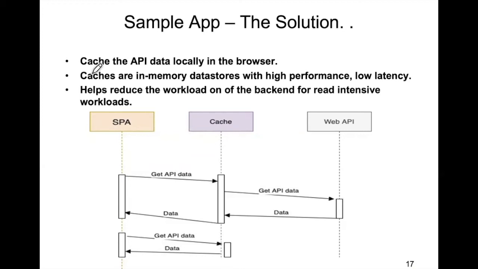So a cache, anyway, is something that stores the API data locally in the browser. So it does that for us. We don't have to do it within our components, as we'll see. Secondly, caches are in-memory data stores. So they're a kind of database, if you like, but they're in memory rather than being remote.